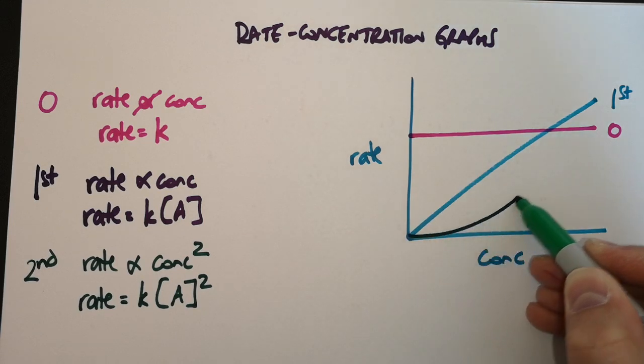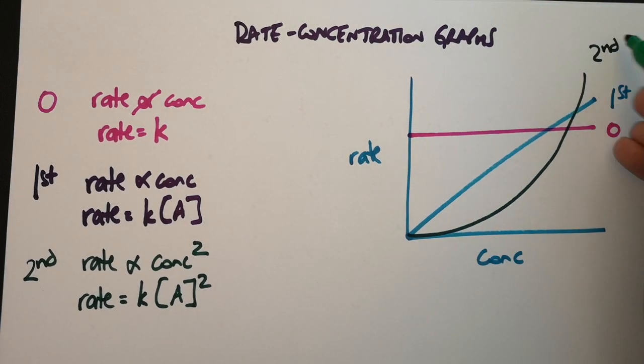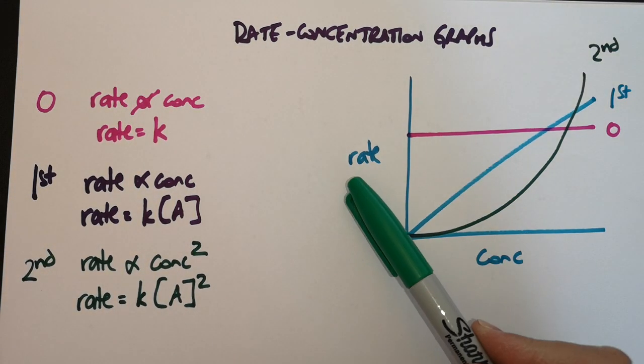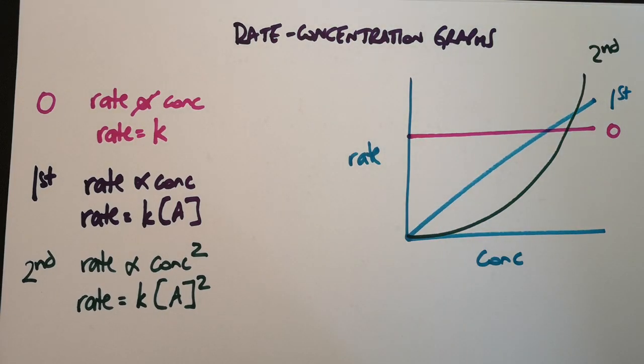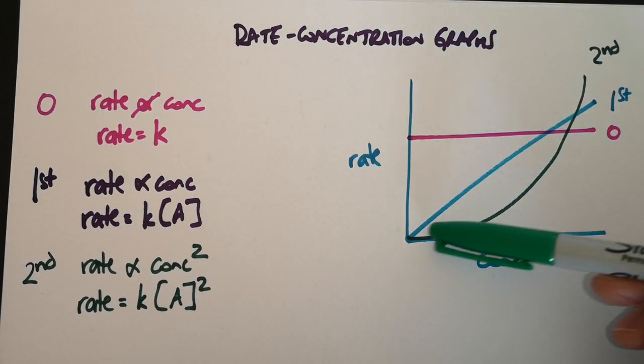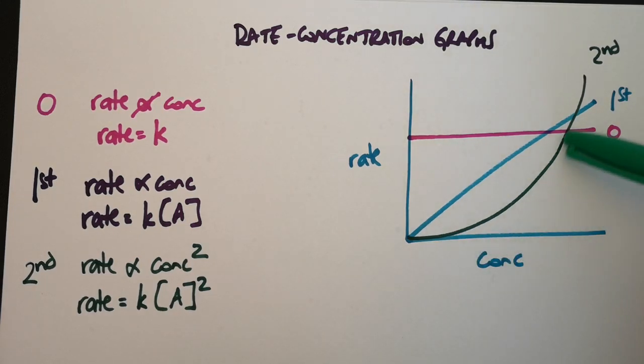So it looks something like this. So if you are given a rate concentration graph, you should be able to then determine which order reagent it is from the shape of the graph. If it's horizontal, it's zero. If it's directly proportional, it's first. If it's exponential, it's second.